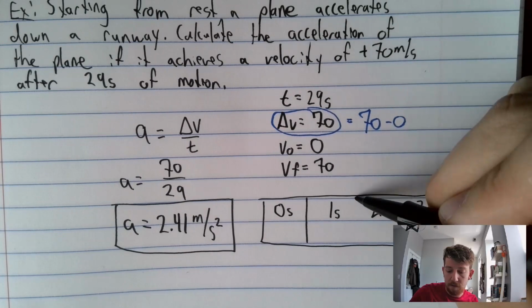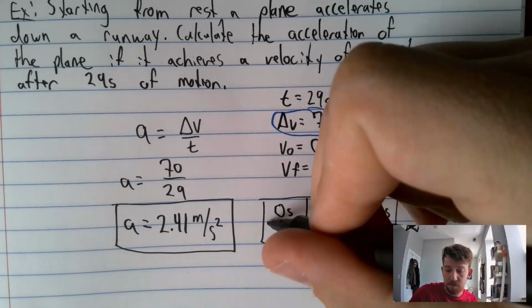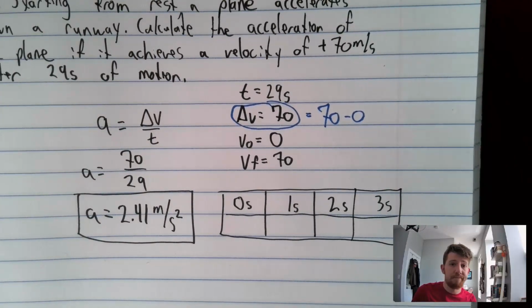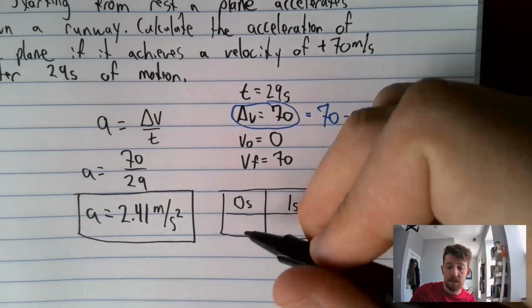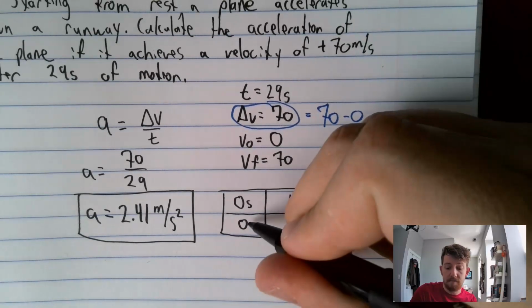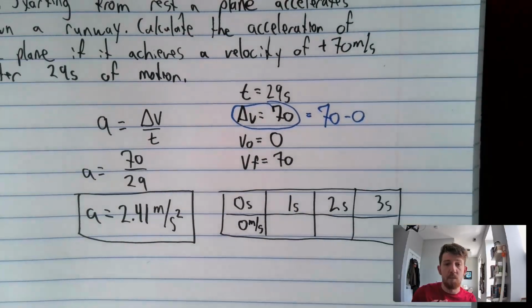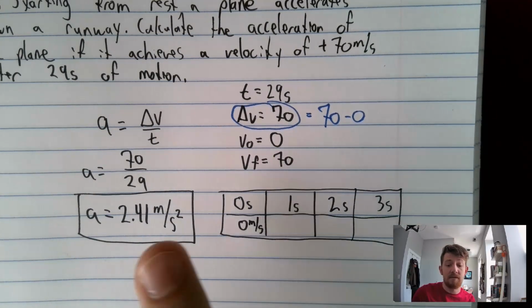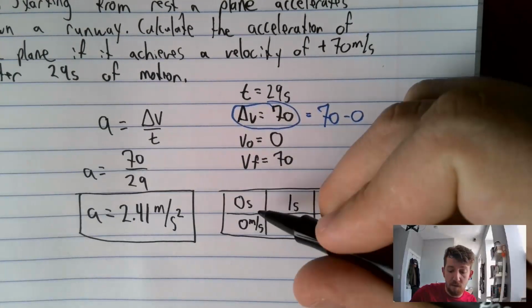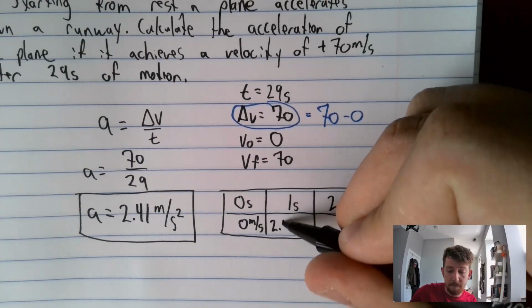And what is our velocity at each of those times? Well, 0 seconds into the journey, we have a velocity of 0. It starts at rest. After 1 second, we will have gained 2.41 meters per second.